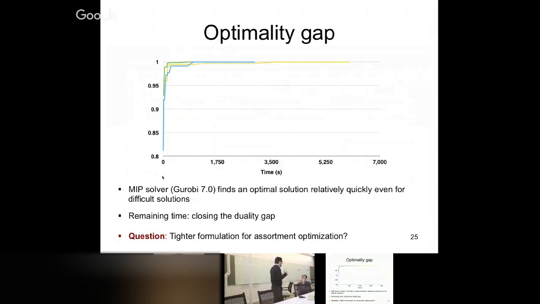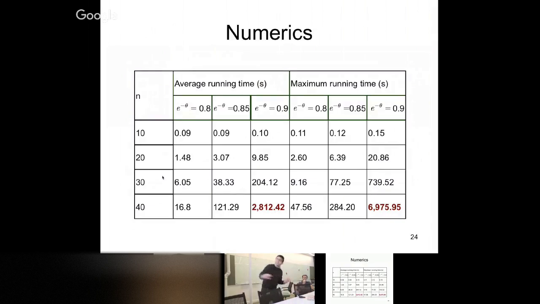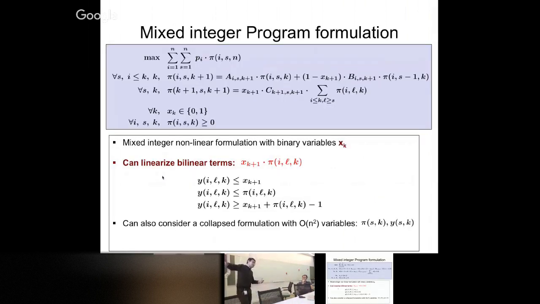The rest of the time was spent in closing that duality gap, which just means that our relaxation is very bad. This is the part that is actually quite bad: relaxing this bilinear product using these 3 constraints.